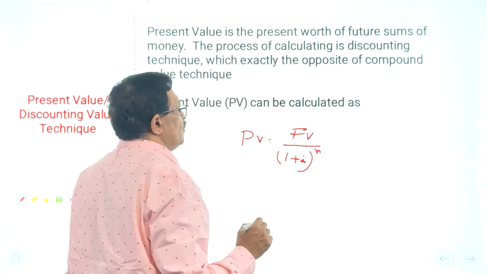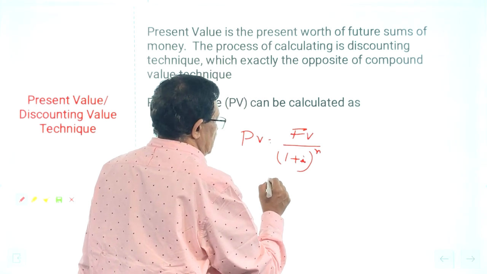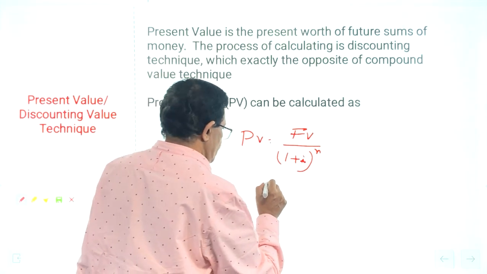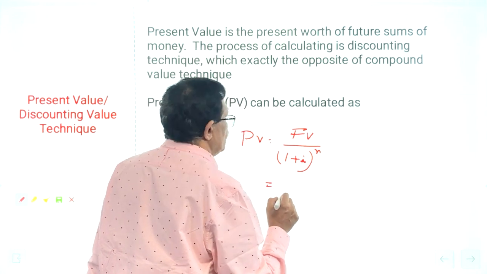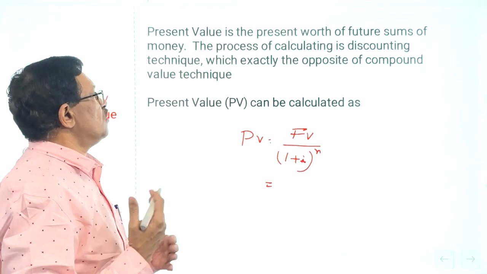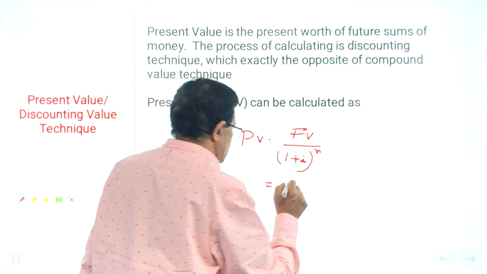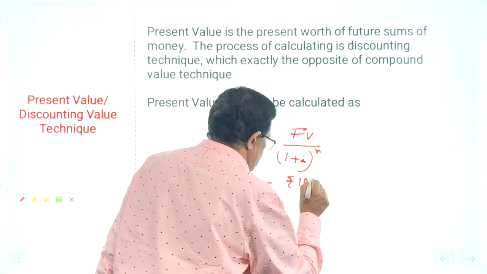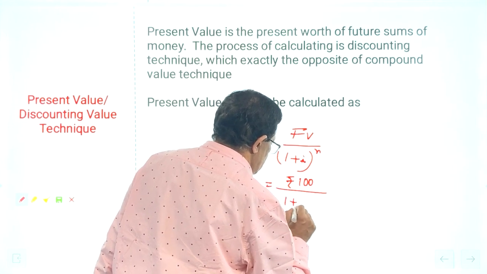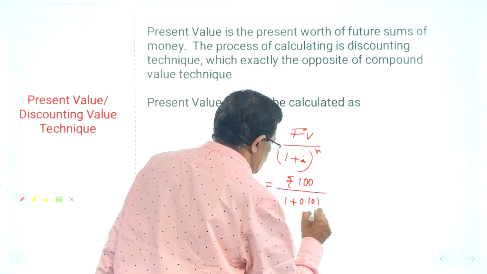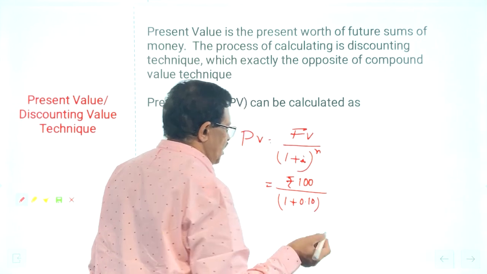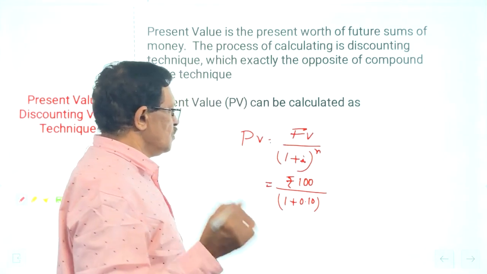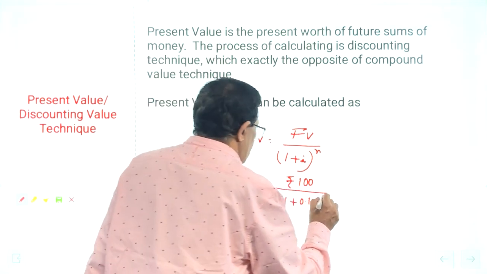Supposing that somebody said that they will be giving 100 rupees to you after 1 year, and the discount rate is going to be 10%, then the present value is going to be rupees 100 divided by 1 plus 0.10, because 10% is equal to 10 by 100, which is equivalent to 0.10, to the power of 1.